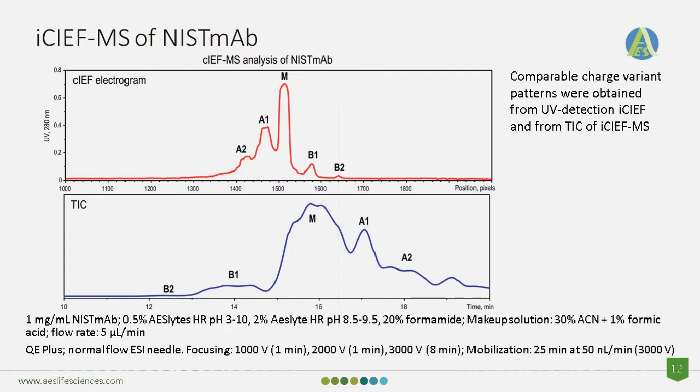We can see the resolution with the 200 is about the same, even with a lower Ampholyte concentration. Once the peak migrates into the MS, you can see the order is reversed. The basic peak comes out first, but a comparable charge variant pattern was obtained for the UV detection and the CIEF-MS.